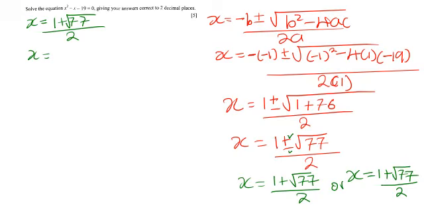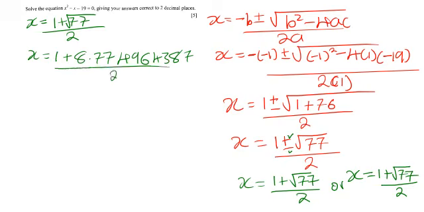You can use the calculator to come up with the value of the root of 77, which is 8.774964387, everything divided by 2.